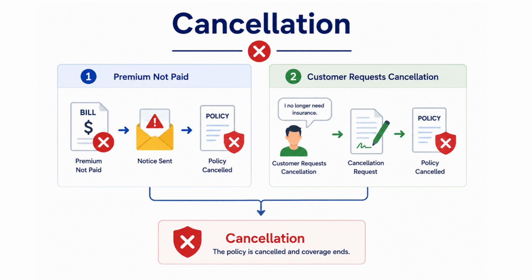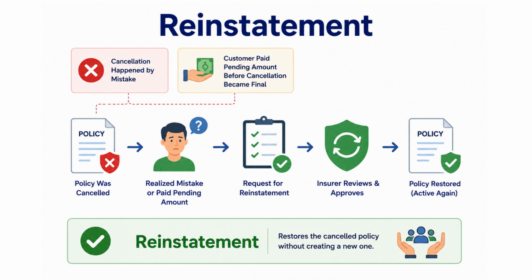Both situations result in a cancellation. But what if the cancellation happened by mistake? Or the customer paid the pending amount before the cancellation became final? Instead of creating a brand new policy, the insurer can restore the canceled policy. That process is called reinstatement. Think of it as pressing the undo button for a canceled policy.